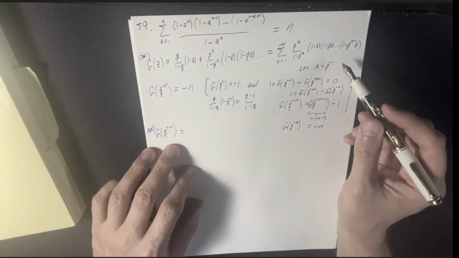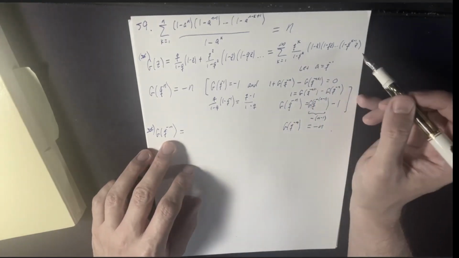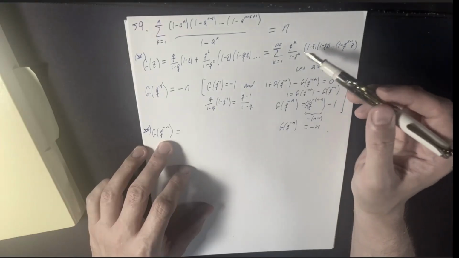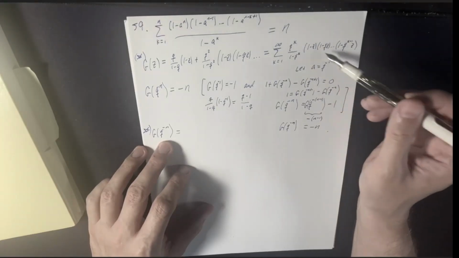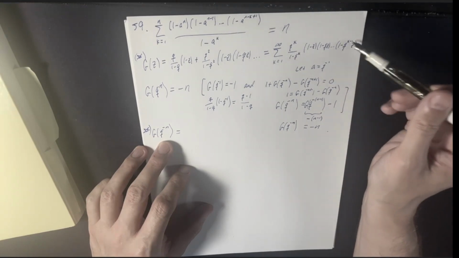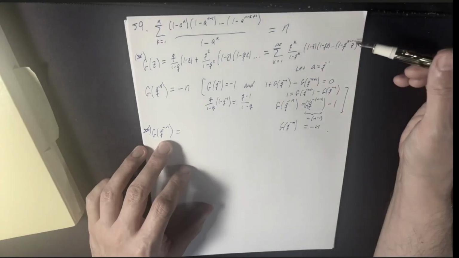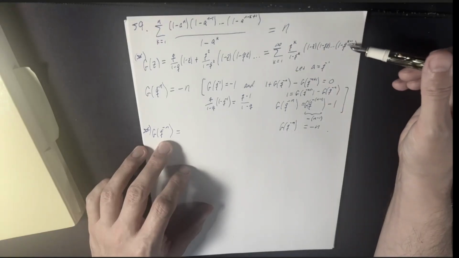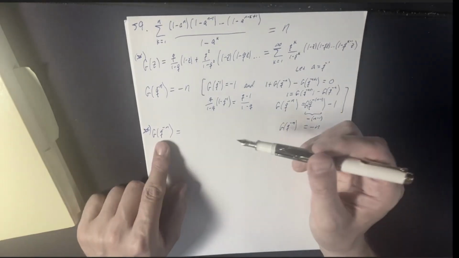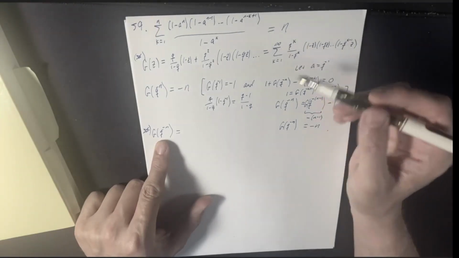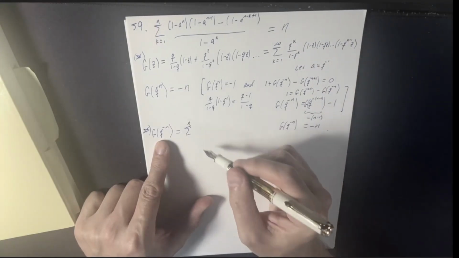You're going to get this stuff, q to the negative n, and like we were saying, if k equals n, that's the last factor you're going to see, is this one, right? As soon as you plug in k equals n plus 1, you get 1 minus q to the n times q to the negative n. So you're getting 1 minus 1 there. So there's no reason to ever put n plus 1 here. It's actually just the sum up to n.